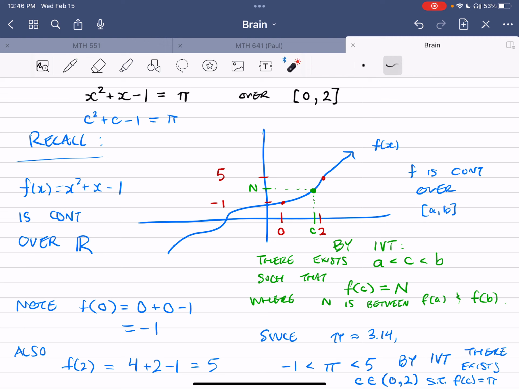So the things you need to say are that you meet the criterion for the intermediate value theorem. So f is continuous over the interval. And then you need to show that pi is in between some interval inside this interval. It could just be the interval itself, which is what we've done here. Pi is in between f of 0 and f of 2. And that's it.